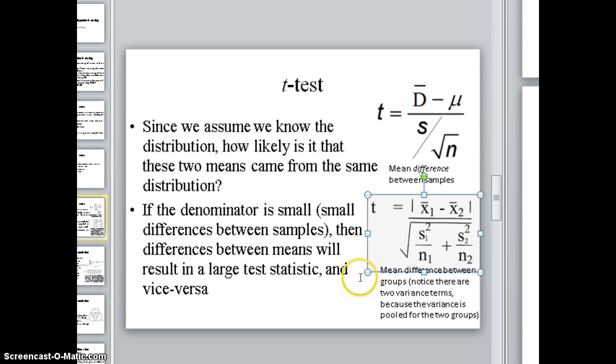Note that in the independent samples t-test, the denominator is comprised of 2 sources of variability. So this is essentially the same formula here, but now you're doing it for each of the different groups of subjects that you recruited.